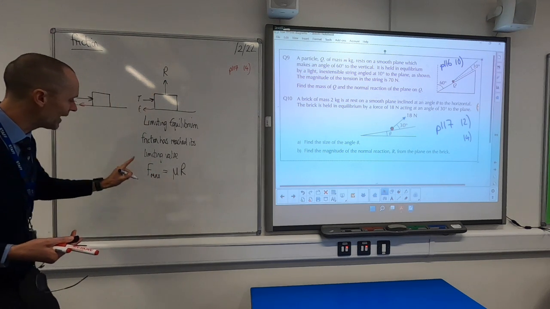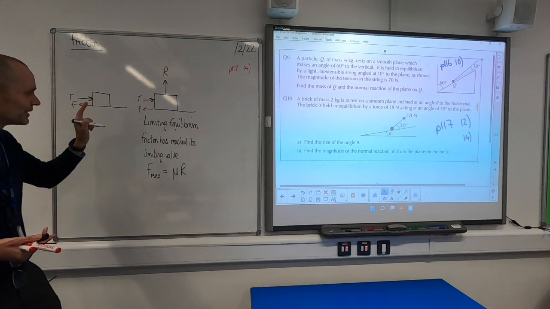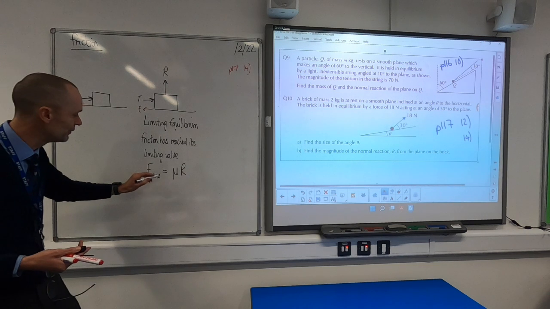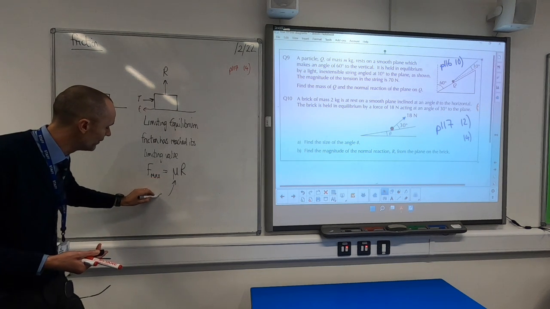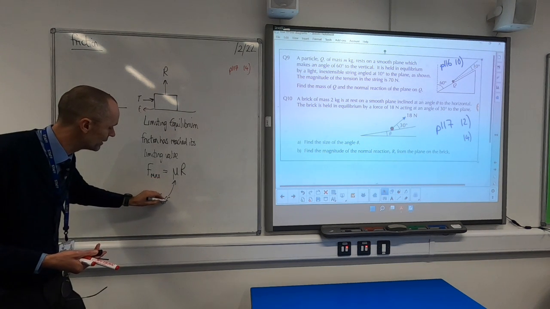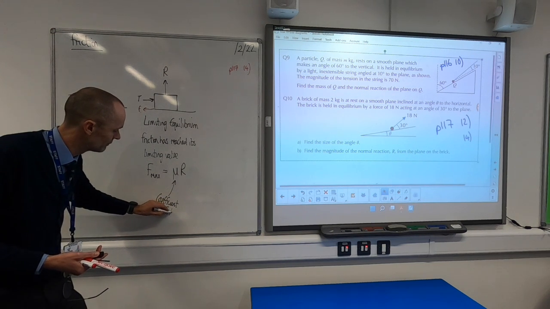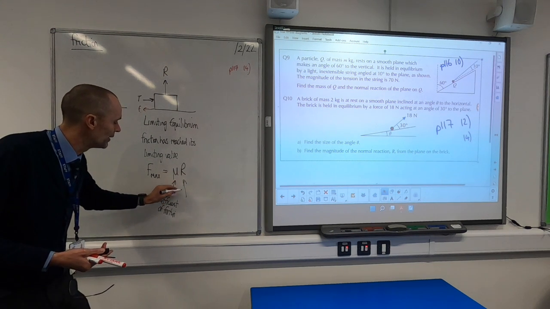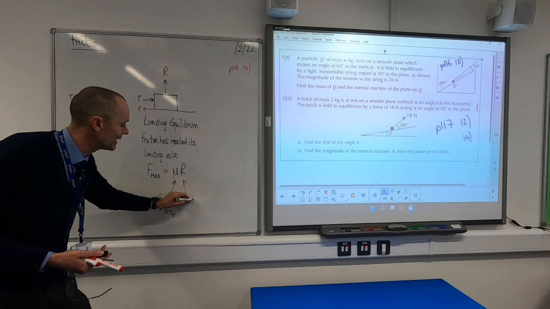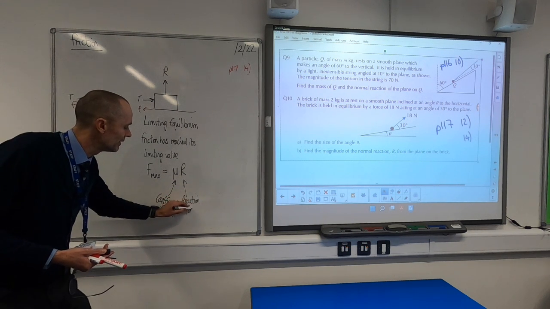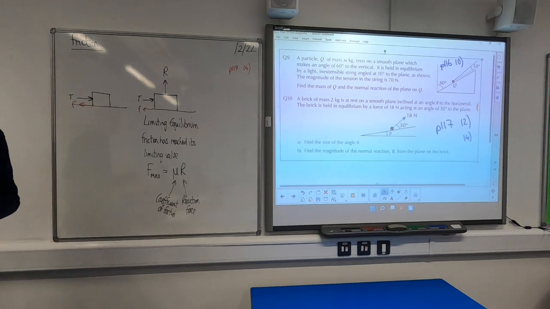So the maximum value friction can reach, which happens at that point where it's about to move, is equal to this value, which we call the coefficient of friction, multiplied by the reaction force, which of course is affected by the weight, which is affected by the mass.